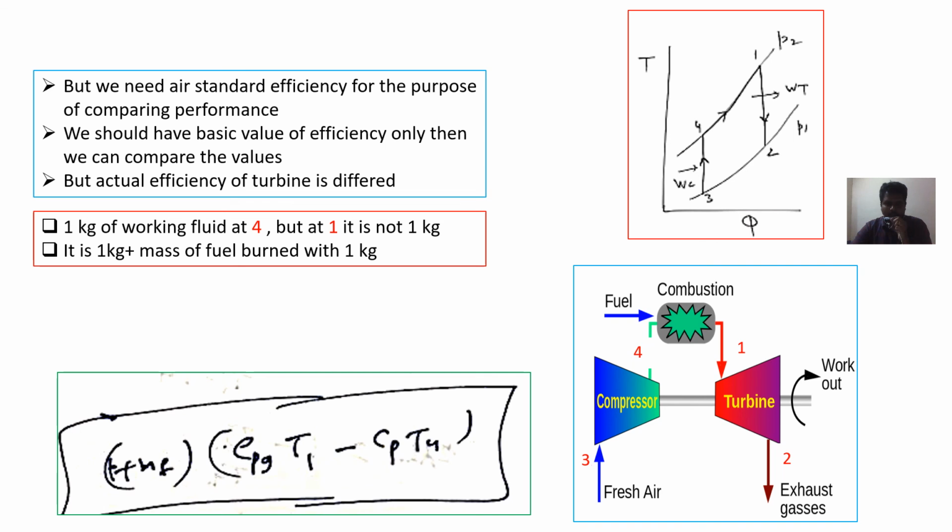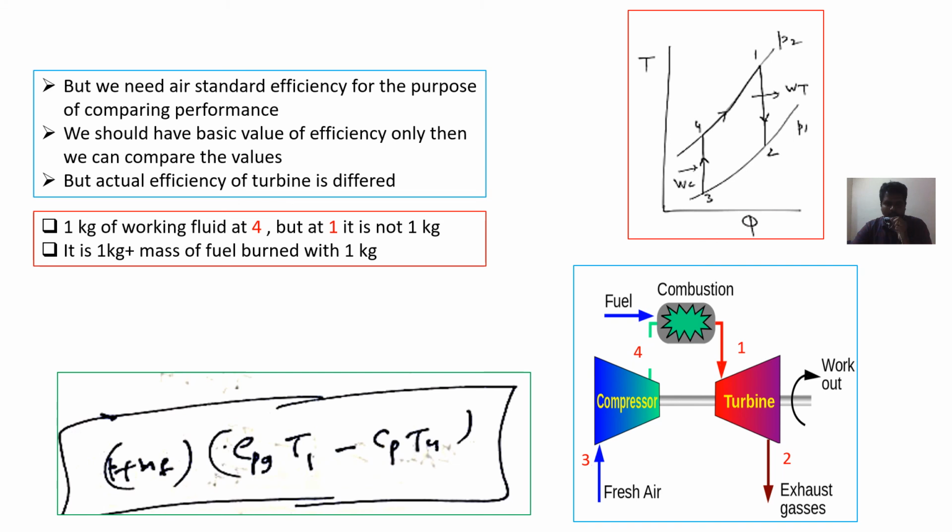But this is not the heat addition in the process 4 to 1. This is wrong, because actually Q equals (1 plus mf) into Cp gas T1 minus Cp T4. So this is the actual equation.